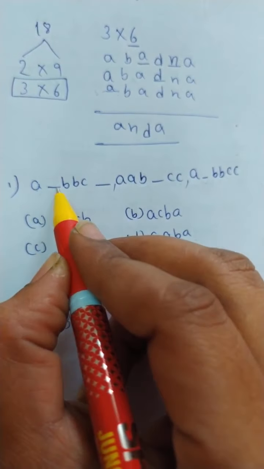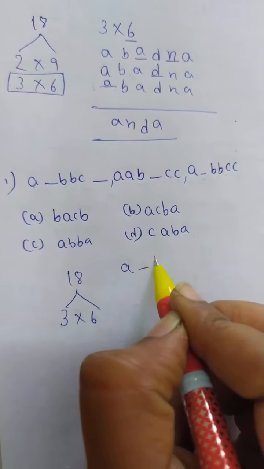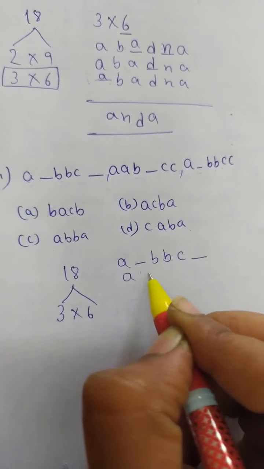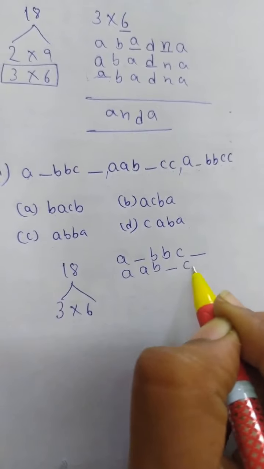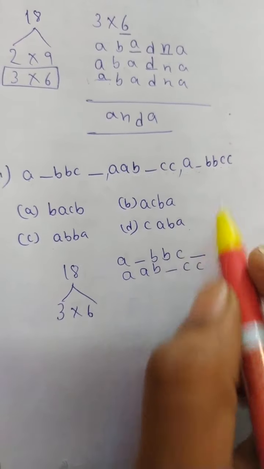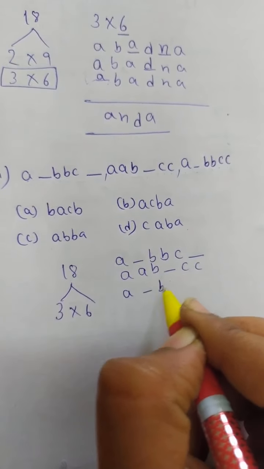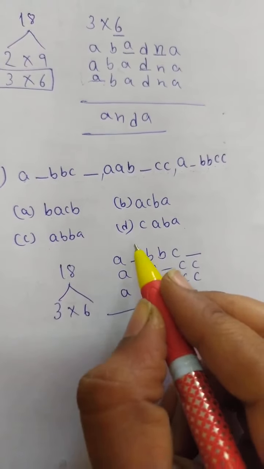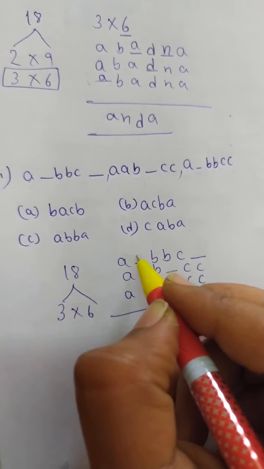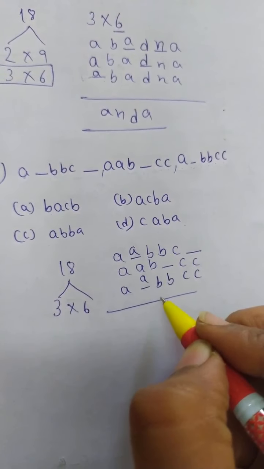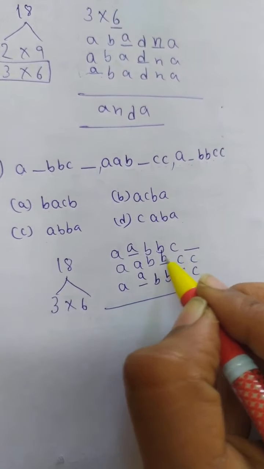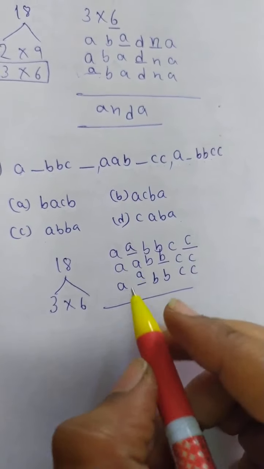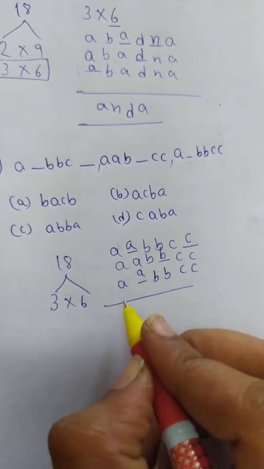So, A dash B B C dash A B dash C C A dash B B C C. In the first two lines we have A's, then B, B, then C and C. So in the series, what do we get?